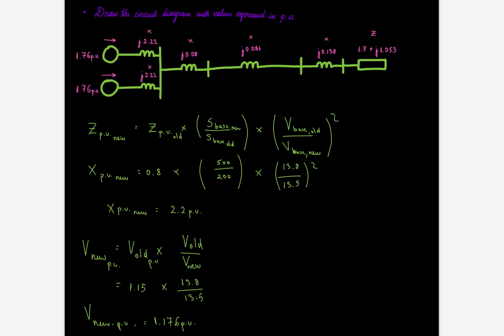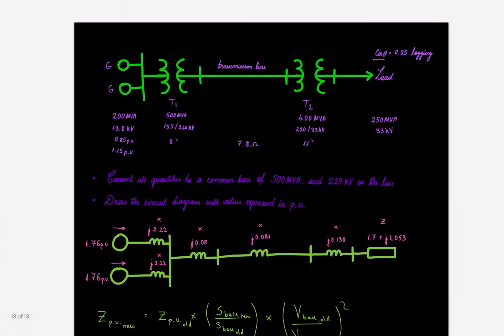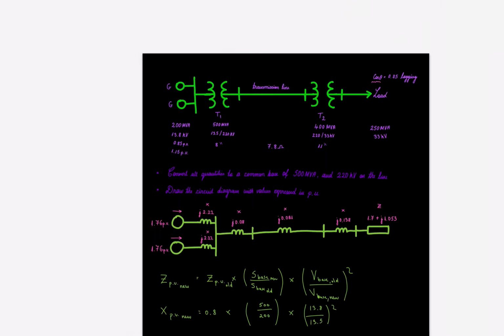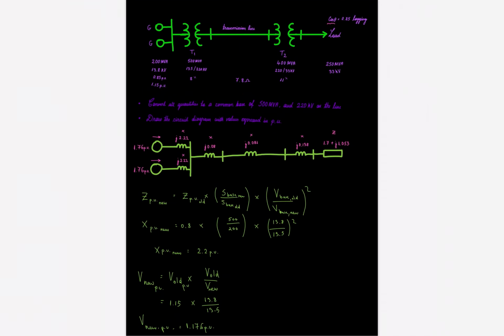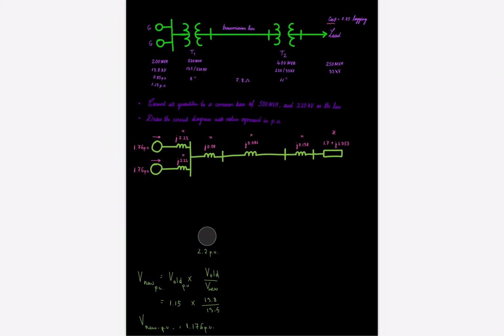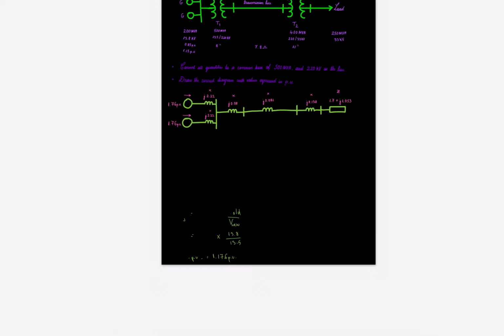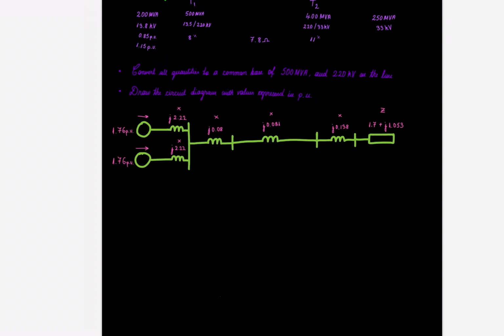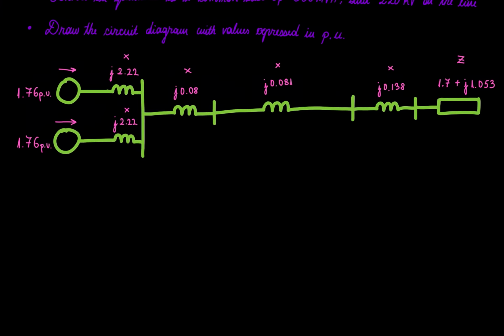Okay, next up, what do we need to find? Let's move to the step-up transformer. So I'll go on and I'll just delete this actually. Okay, so for the step-up transformer, once again we can apply the same formula.